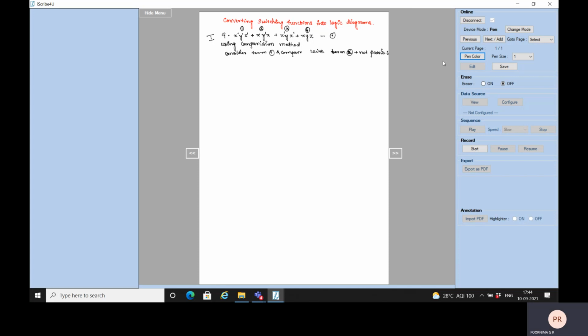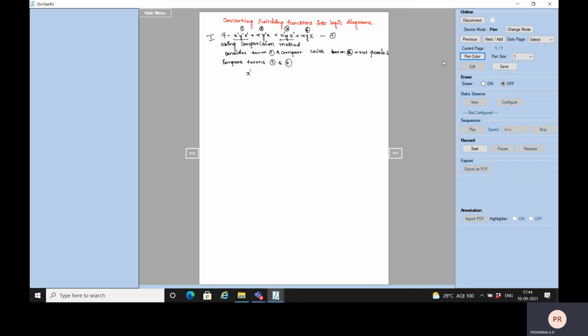Let us now compare terms 1 and 3. When 1 and 3 are compared, x bar, y bar, z bar and x bar, y, z bar, we can observe that there is one redundant variable which can be removed.